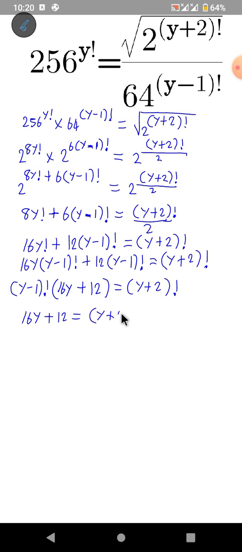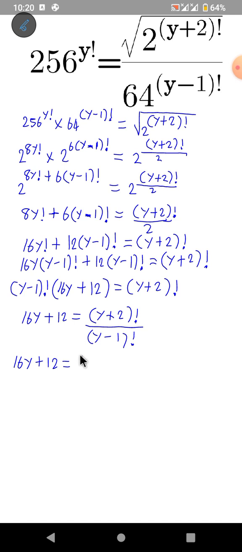y plus 2 factorial all over y minus 1 factorial. Then we continue again. This is 16y plus 12 will now be equal to, now I'm going to expand this y plus 2 factorial here.